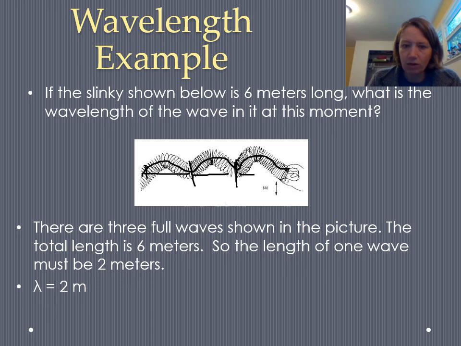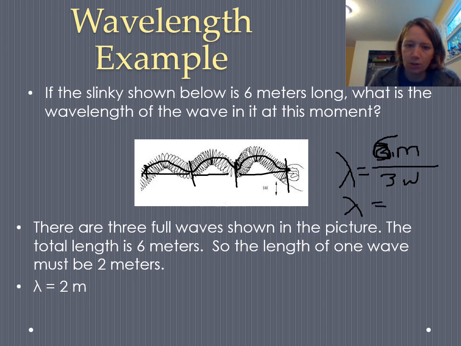And so we have 3 waves in a total length of 6 meters. And so if I wanted to find wavelength, I would say 6 meters on top is the length of 3 waves. So it's the length of the whole thing divided by 3 waves, and you end up getting 2 meters for the wavelength.